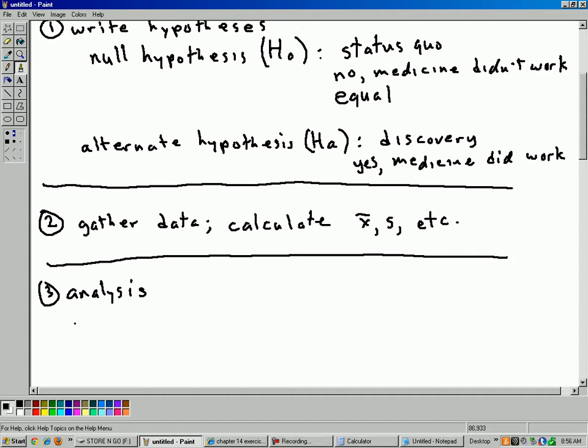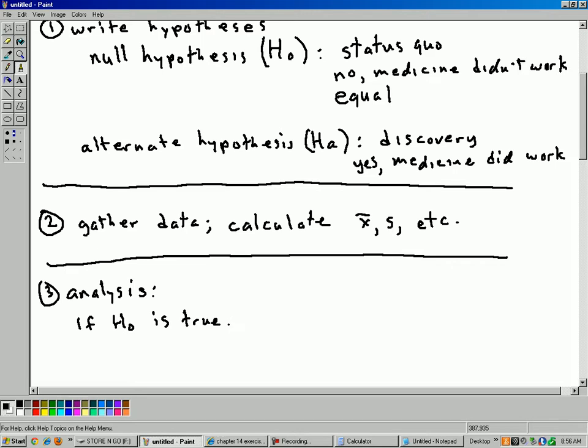Now of course we'll go into much more detail, but the basic idea of the analysis is you're asking this essential question. You're asking if the null hypothesis is true. So you ask if indeed the medicine didn't work, or the people who take placebo recover just as much as people who take the real medicine, whatever that null hypothesis is.